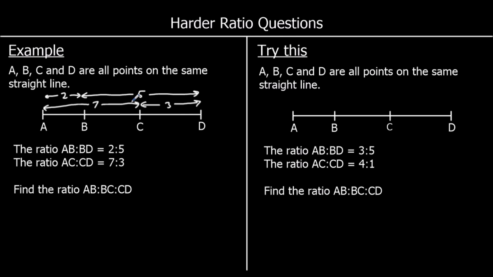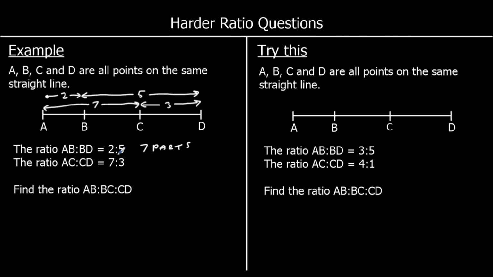So both of these ratios represent the whole journey of A to D. So if we can make them add up to the same thing, we can see what each part is worth. So at the moment, this ratio, AB to BD, has got 7 parts.